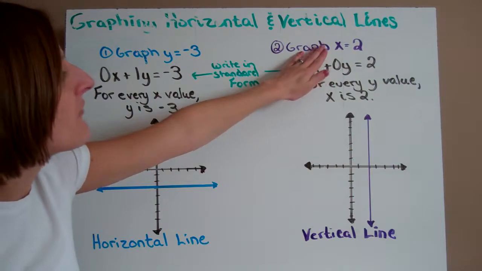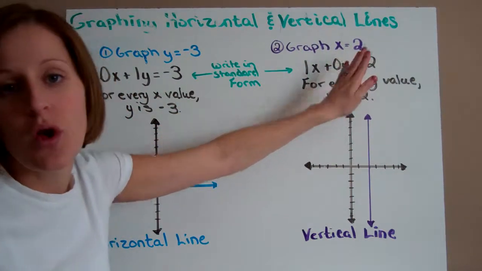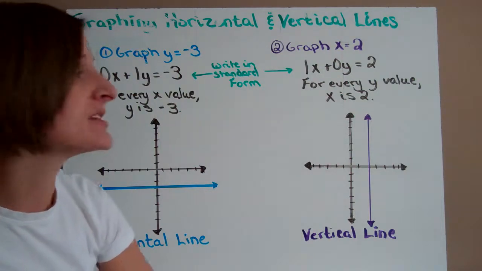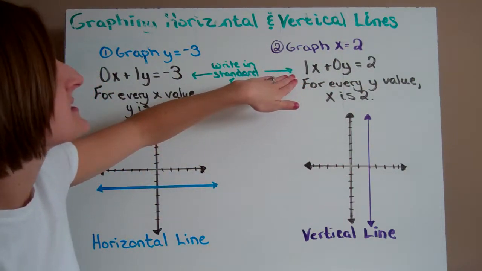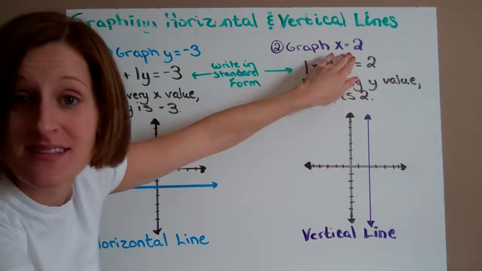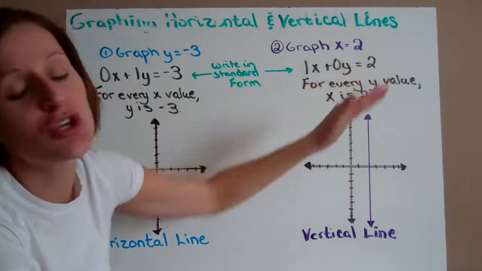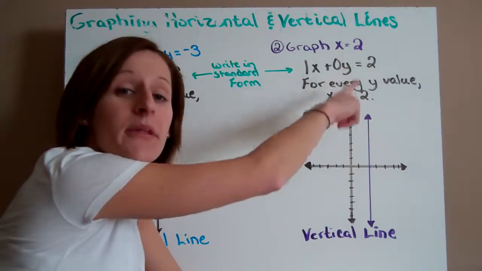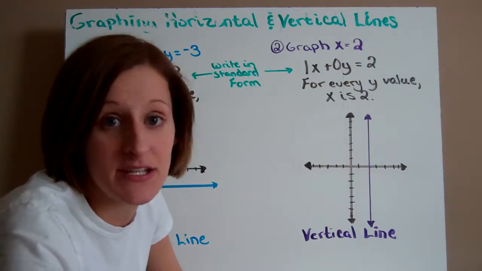Now, for graphing x equals 2, that means no matter what y is, x is always going to be 2. So if I write it in standard form, I'm going to have 1x plus, since there's no y's, 0y, equals 2. That means for all my y values, up and down, x is going to be 2.